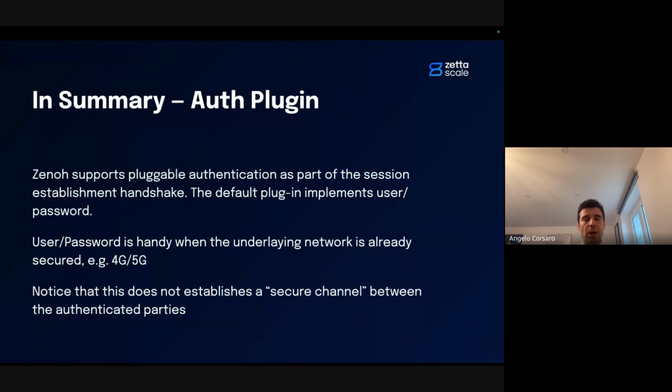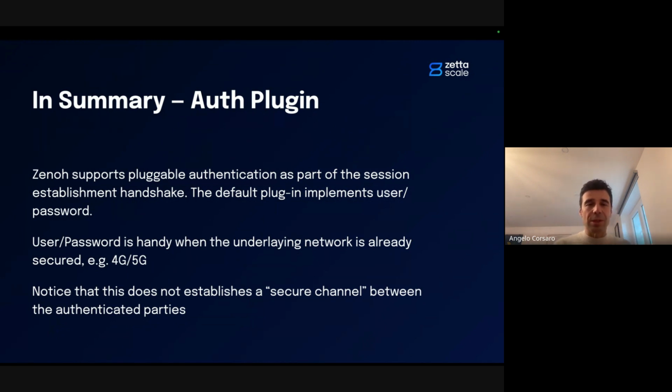Okay, so in summary, a couple of points to be made. First of all, our authentication plugin, the default implementation, provides you with user and password authentication, but it doesn't do any secure channel, right? It's authentication.